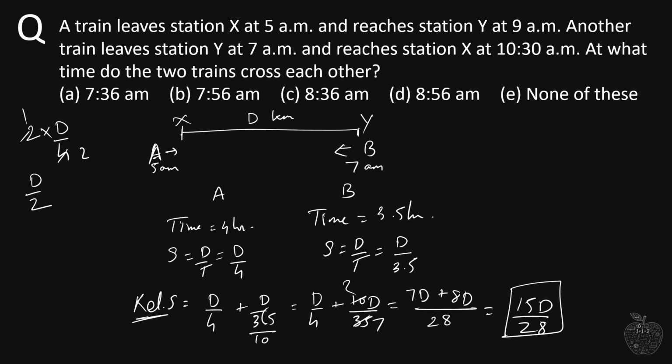So A traveled this d by 2 distance in 2 hours and reached here. Now A is here at 7 am, and B is at station Y at 7 am. Together they have to cover the remaining distance, which is d minus d by 2, that is d by 2. They both have to cover this distance d by 2 in order to meet each other, or we can say in order to cross each other.